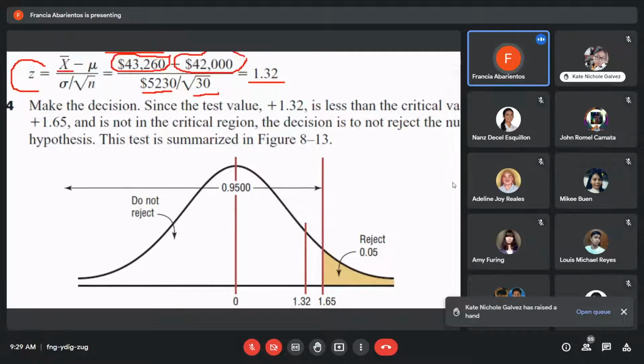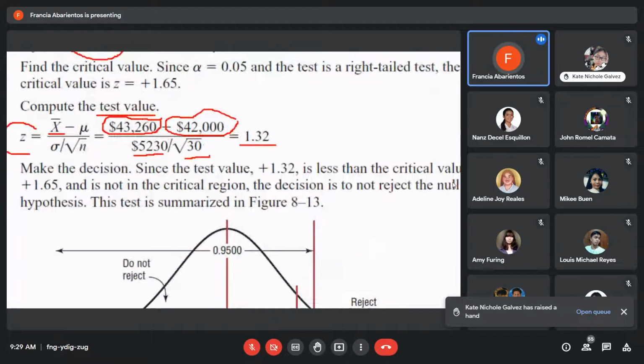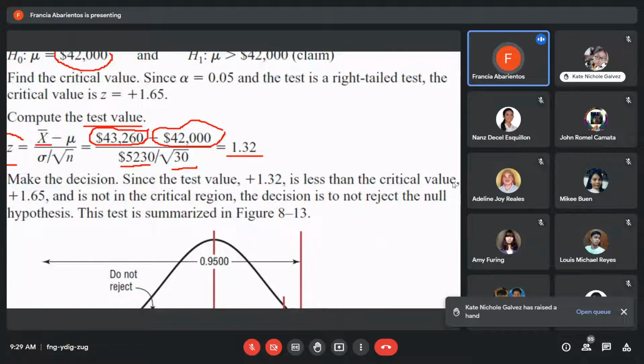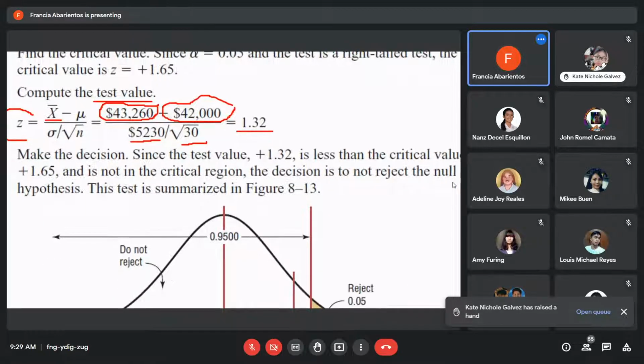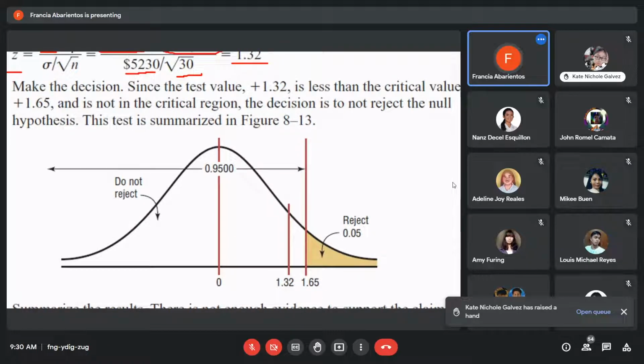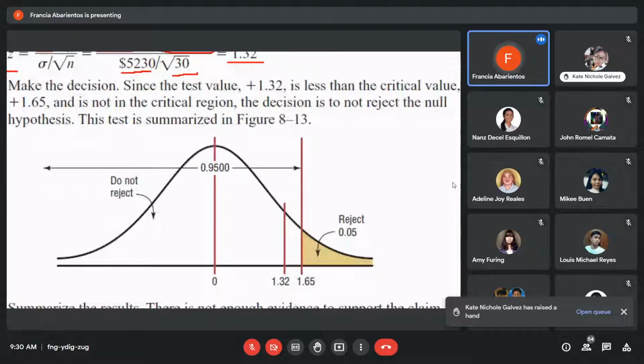But yung sa table natin, in a given level of significance of 0.05, okay? Critical value natin is 1.65. Since this is a right-tailed test, dito, class, sa right side nyo yung critical region, if the test value, yung na-compute natin, nag-fall dito sa critical region, we need to reject.